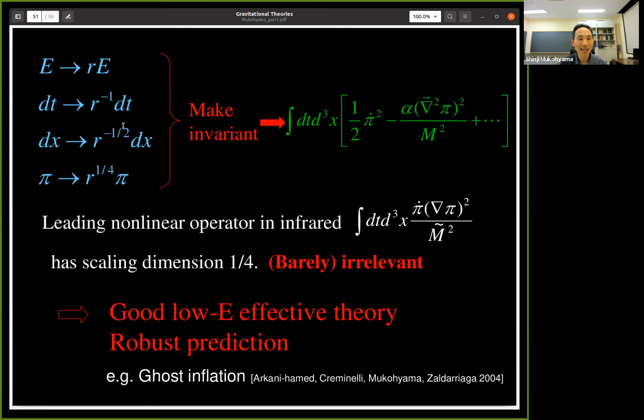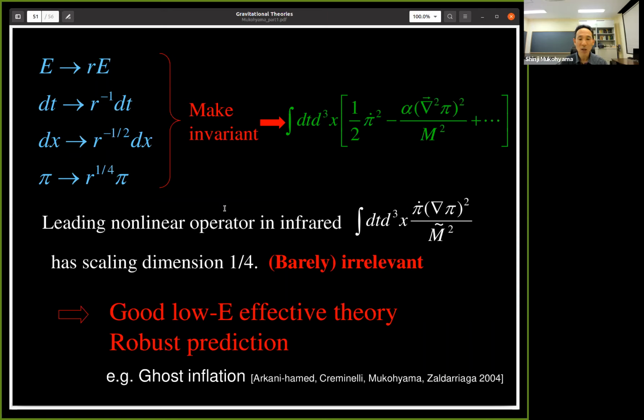Then we have some factor, suppose this is r to the s, we have 2s, and then they must be invariant. So s is determined to be 1/4. This is not 1. In usual scalar field theory, the scalar field scales like energy, but here it scales like energy to the 1/4. This is said to be scaling dimension 1/4.